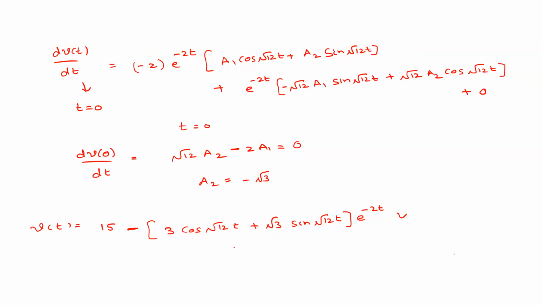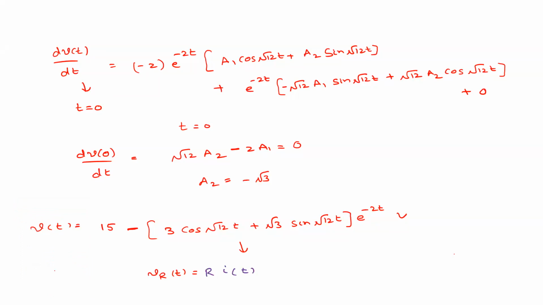Right. So for the same question, if you want to calculate, for example, VR, the voltage across the resistor at t equal to 0, how do you calculate that? It will be R into I of t, right?